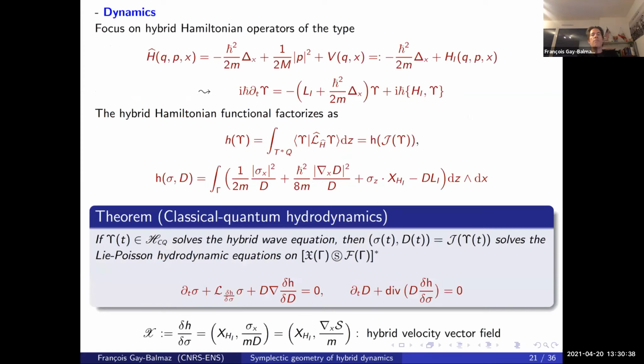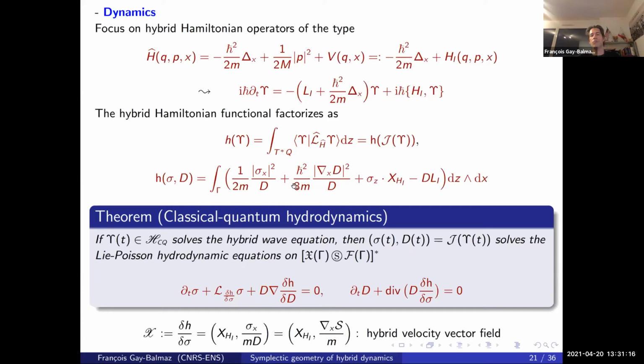Now, concerning the dynamics, we have to check if the Hamiltonian of our theory factorizes through the momentum map. So for this, and from now on, we focus on this class of hybrid Hamiltonian, which has quantum kinetic energy, classical kinetic energy, and interaction potential. For this kind of Hamiltonian, it does factorize through this momentum map, giving this hydrodynamic form of Hamiltonian.